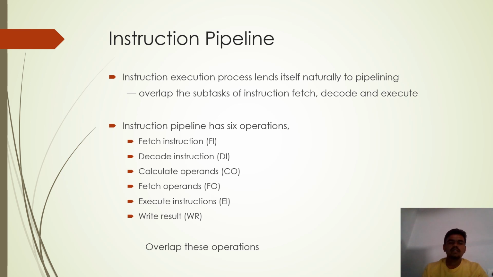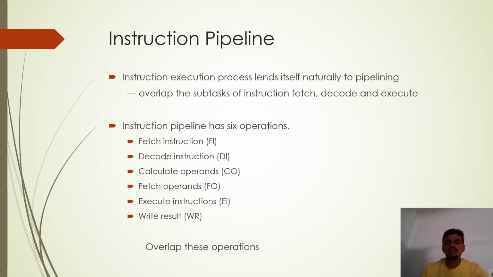Instruction pipeline. The instruction execution process lends itself naturally to pipelining. Overlap the fetch, decode, and execute tasks. The instruction pipeline has 6 operations. First is FI. FI is fetch instruction. Second is DI.